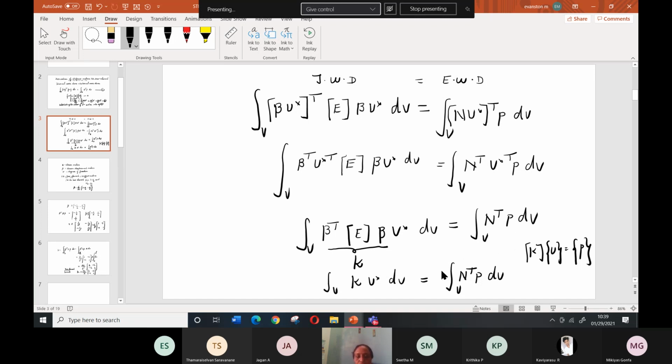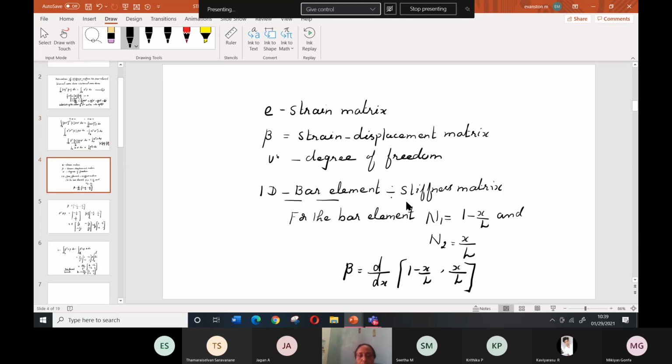So I'm going to find out the stiffness matrix for the bar element. When I'm finding the stiffness matrix for the bar element, I will get the value of N1 is equal to 1 minus x by L, and N2 is equal to x by L. So beta is obtained by differentiating this shape function.